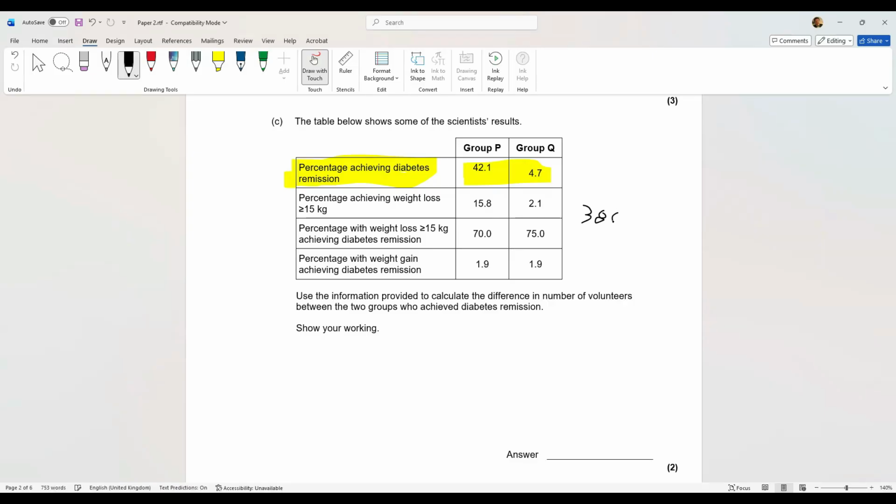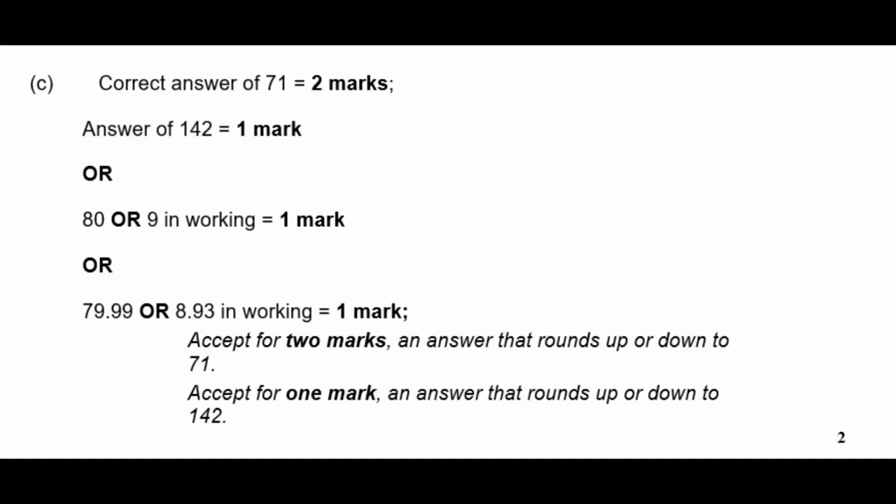Okay, 380. So we need to divide that by 2. And we know that there's 190 in each group. If there's 190 in each group, you simply just change the percentage into a number. So it's 42.1 divided by 100 times 190. And for the same, you will eventually get this answer.